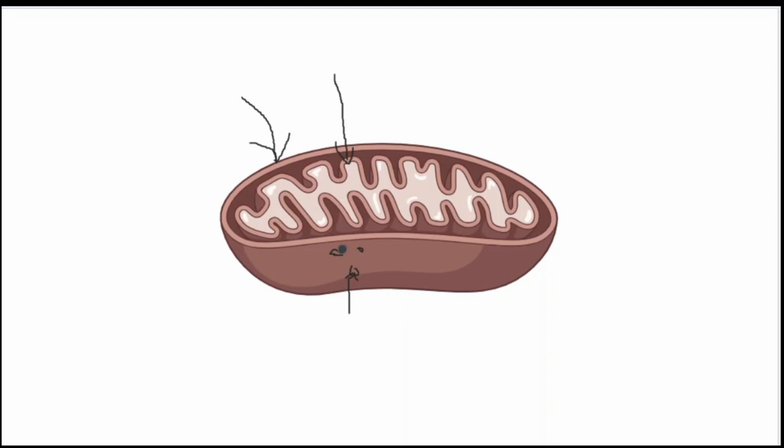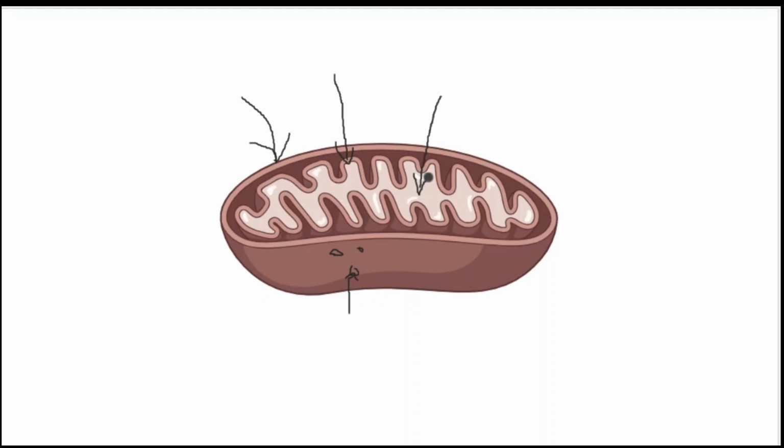In the inner membrane, there are a lot of proteins and other substances that are involved in, for example, ATP synthesis. And increasing the surface area makes it so that there's more capacity for these chemical reactions.